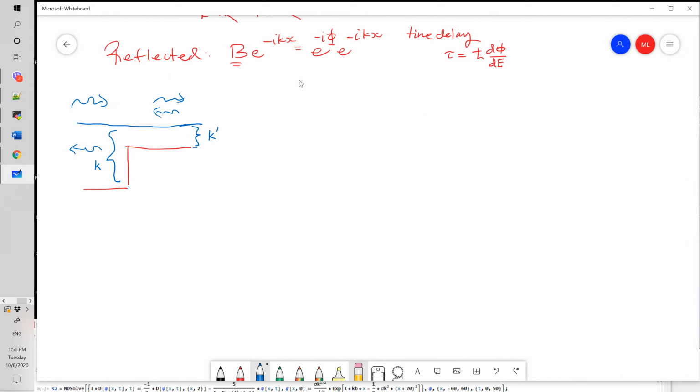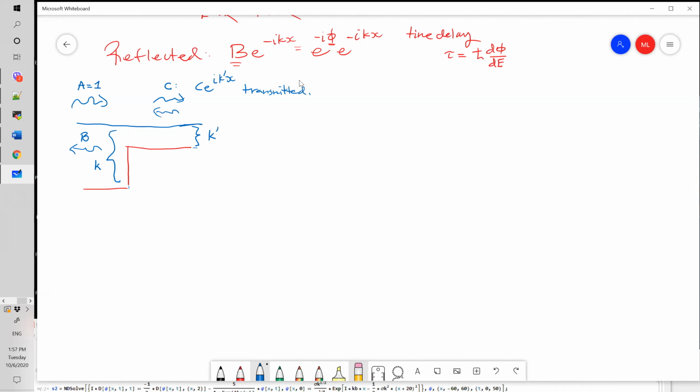And now the physics is what? Well, we're going to set this part of the wave equal to 1 here. Here's the reflected part, that's still our B. C now becomes C e^(ik'x). That's going to be the transmitted portion.